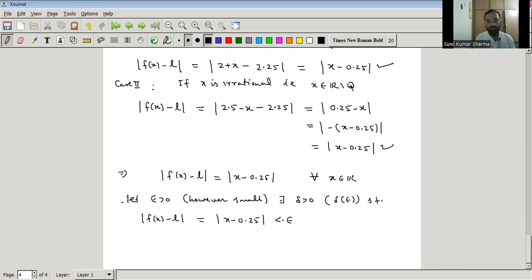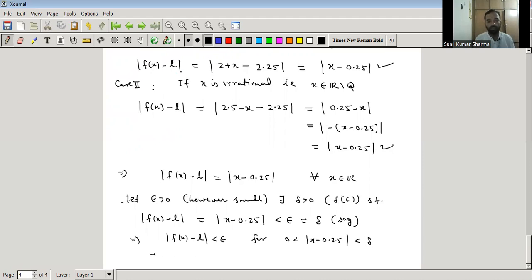So what we take, we take delta to be my epsilon. So let it be delta. So we can say this implies |f(x) - L| is less than epsilon whenever |x - 0.25| is less than delta. Here my delta is the same as epsilon.